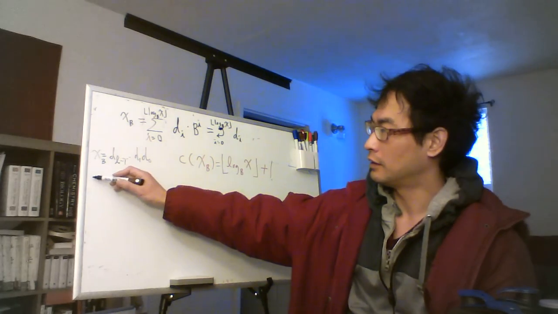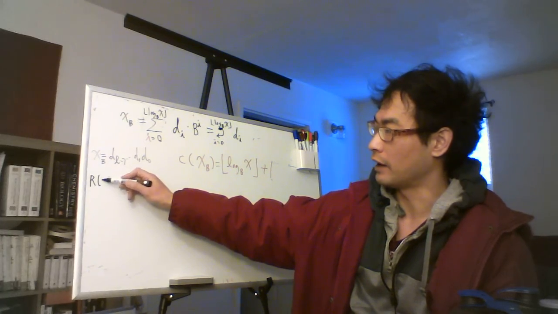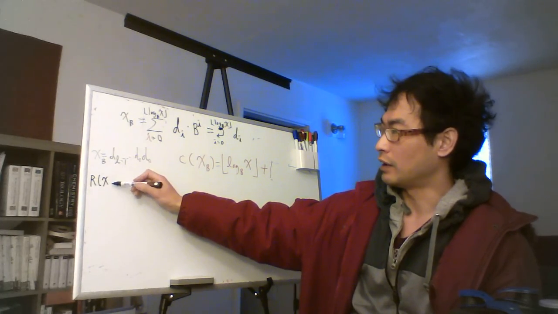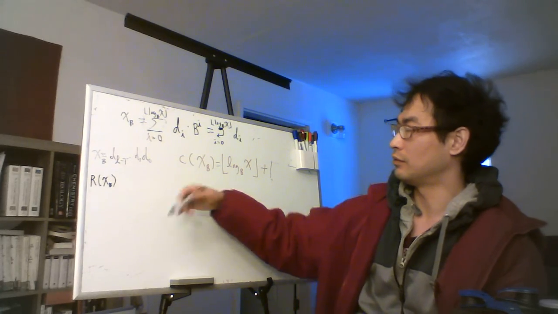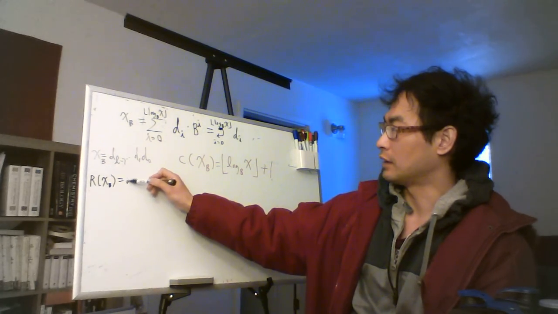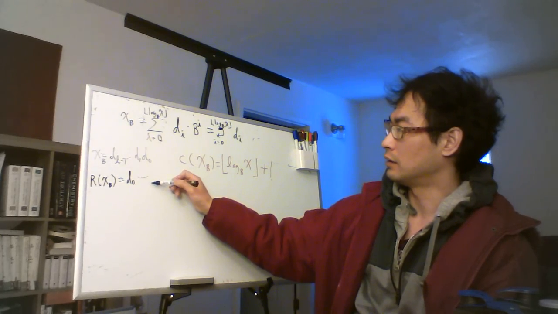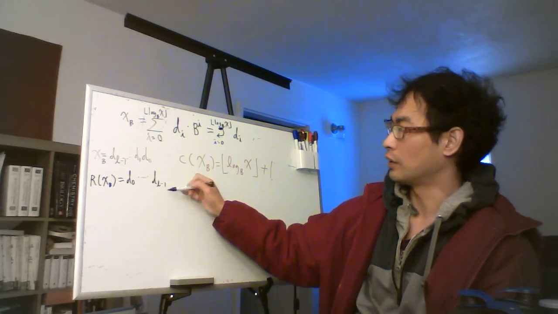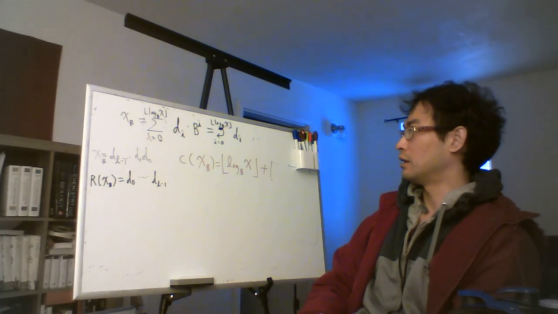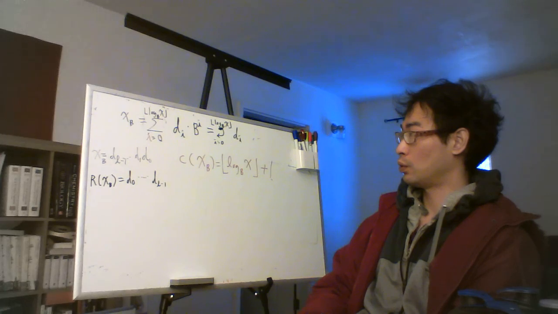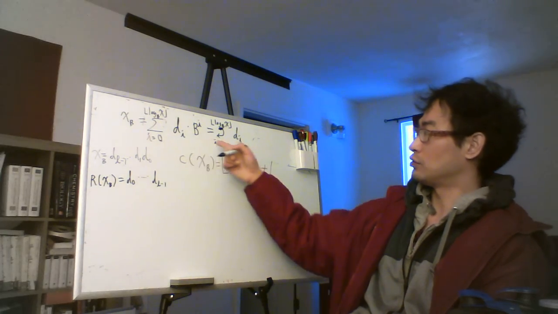Reflection of B, reversion of B, I mean, reversion of X, we just call it X, okay? Well, in base B, whatever. It's like D0 dot dot dot DL minus 1, okay? And we need to express it in these two forms.